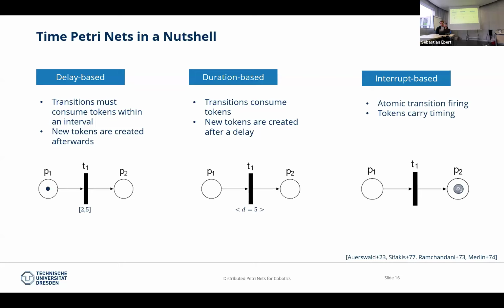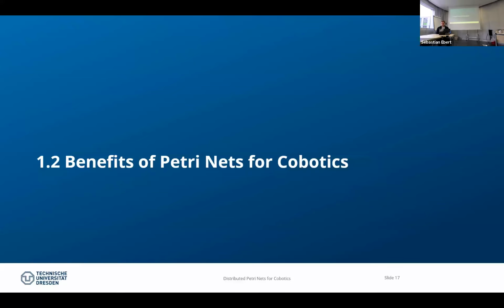So the question is now obvious: what are actually the benefits here? Why do we want to use such an old, dusty formalism in our brand new cobotic world? There are many benefits.